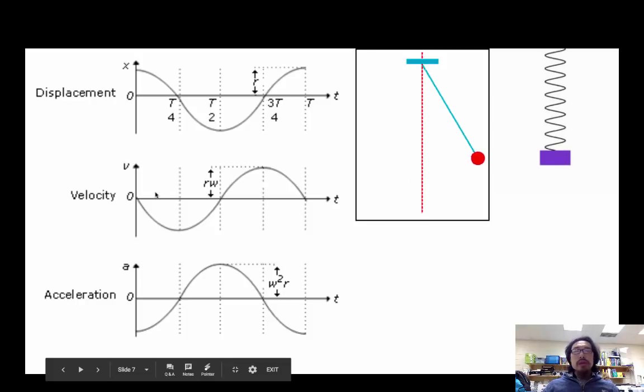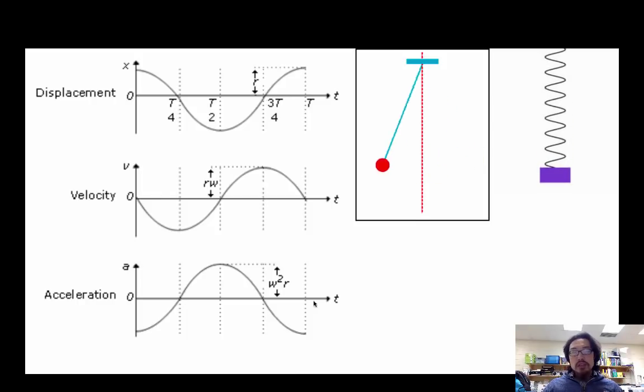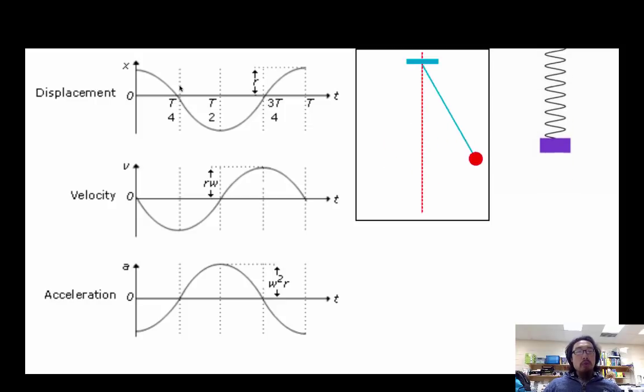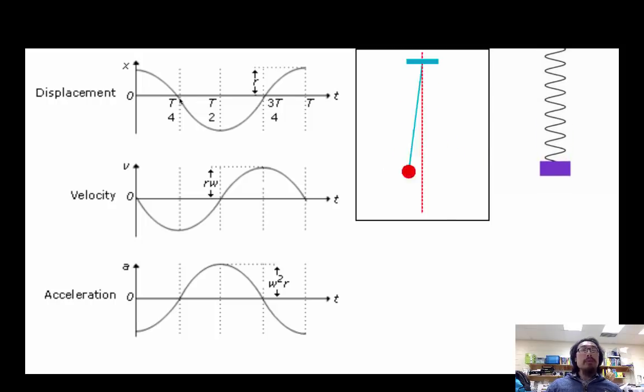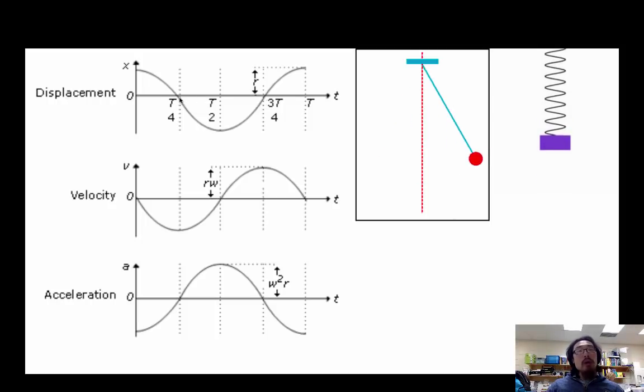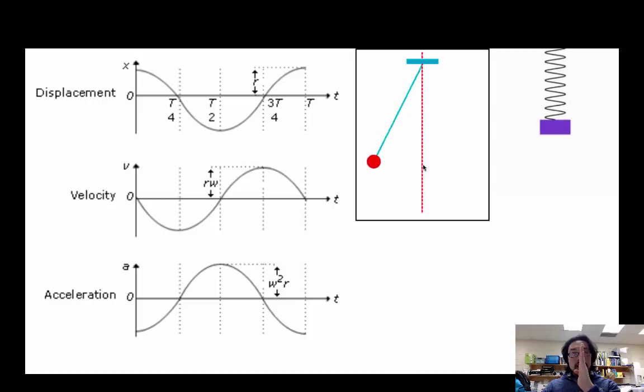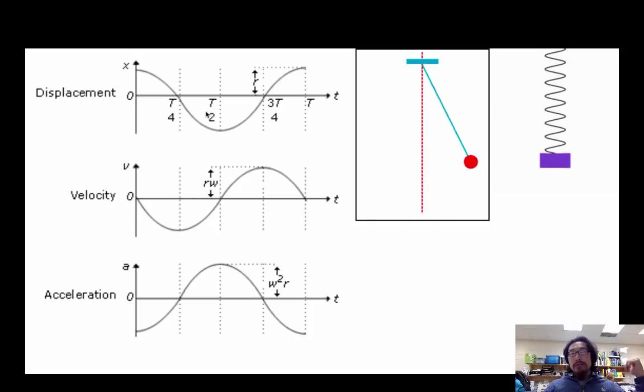So what I want you to do is, while you're copying these graphs down, try to make sense of the individual parts. For example, where they have the dotted lines, I'll do this one with you. At that point, the position is at 0, so it's at the origin, right? And at that point, it's in full swing.